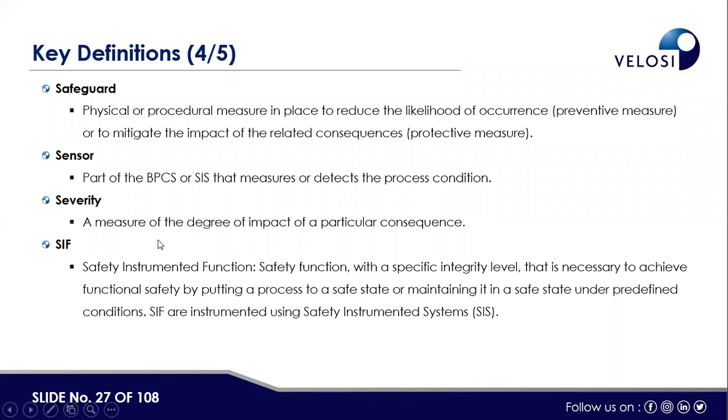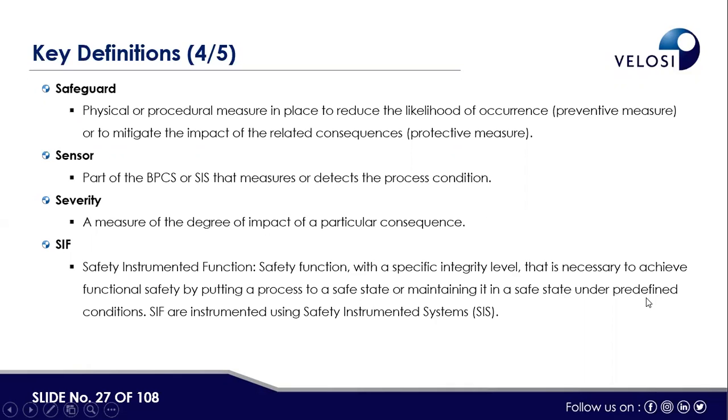Severity is a measure of the degree of impact, also called consequence, like what could be the impact on the environment, on safety, on the asset. That is normally called severity. SIF is a safety instrumented function, sometimes we also call it SIS, safety integrity system, with a specific integrity level that is necessary to achieve functional safety by putting a process into a safe state or maintaining it in a safe state under predefined conditions.